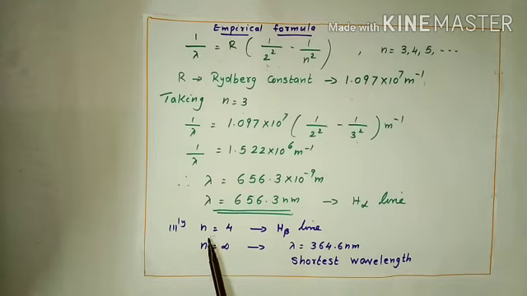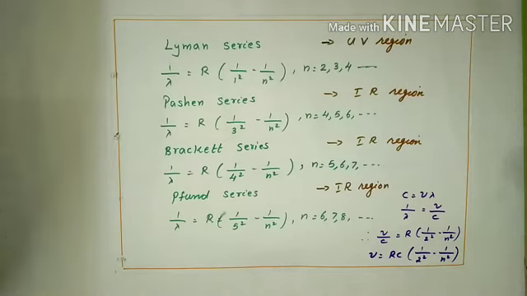When you substitute n equal to 4, we get the wavelength of the H beta line. And for n equal to infinity, we get the wavelength of the shortest wave, that is lambda equal to 364.6 nanometer. It is the shortest wavelength in the Balmer series.